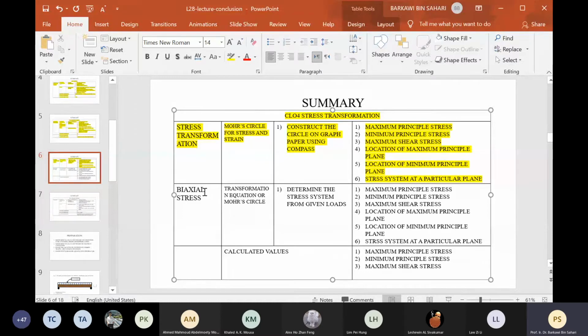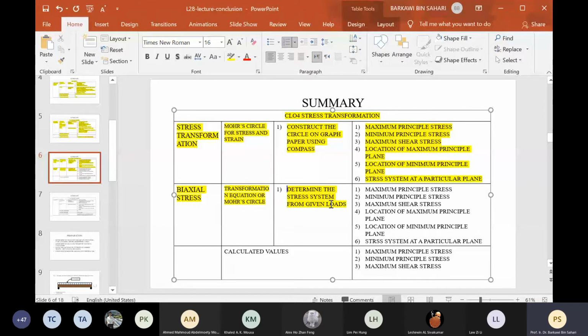The second part is biaxial stress, which is knowing how to construct the stress system. You should be able to demonstrate and understand, from a given load condition, how to determine the stress system for the element. In other words, in this particular part you may have to calculate the shear stress, the axial sigma x, and the other sigma y from the given component under certain load conditions.